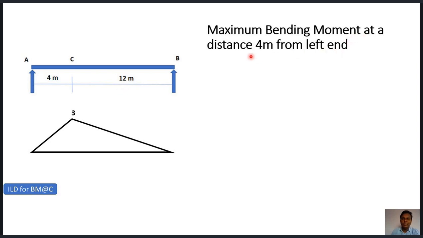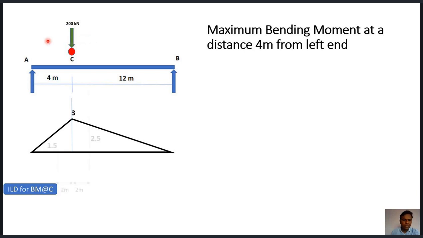Now to find maximum bending moment for this particular position at point C, how to place this pair of loads? No doubt 200 kilonewton we have to place exactly over the maximum ordinate. Now there are again two chances. The next force, that is 80 kilonewton, you can place either on the right hand side of this point C or on the left hand side of this point C. How to decide whether this next load, that is 80 kilonewton, is to be placed on the right hand side or the left hand side?